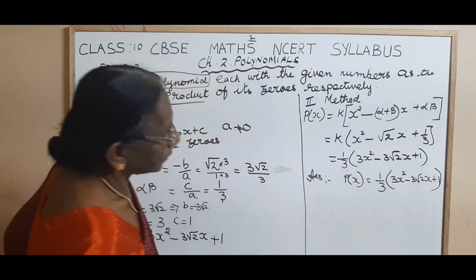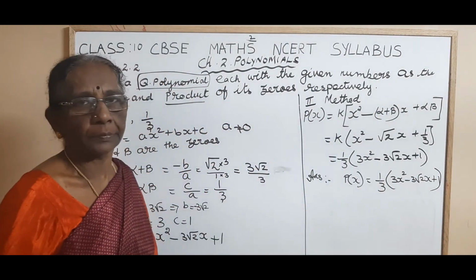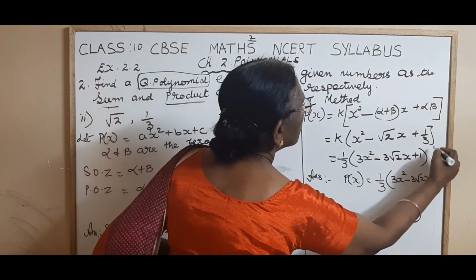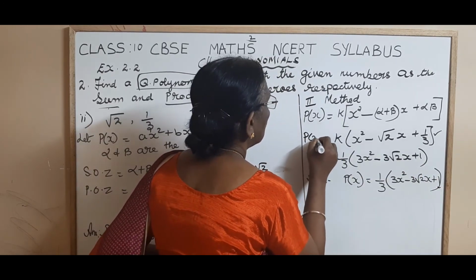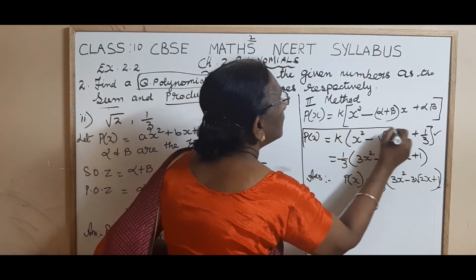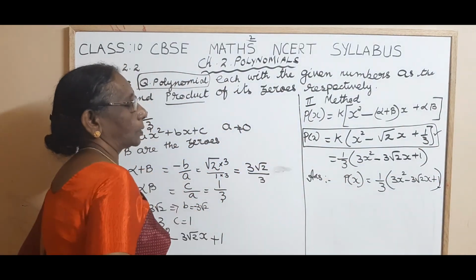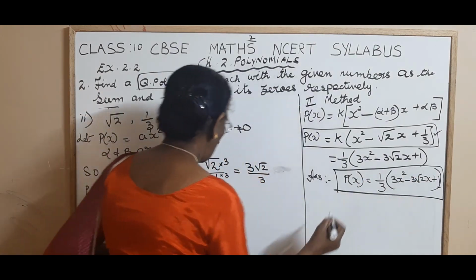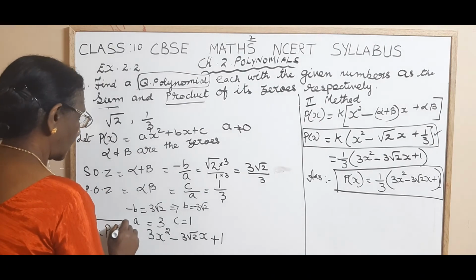Okay, children, so both are the same. Don't worry about this 1 by 3. If you write this answer also, this is correct. Within one step you can write the answer, or if you want, you can write this answer also. So you can write the answers in any of the forms for all the questions.